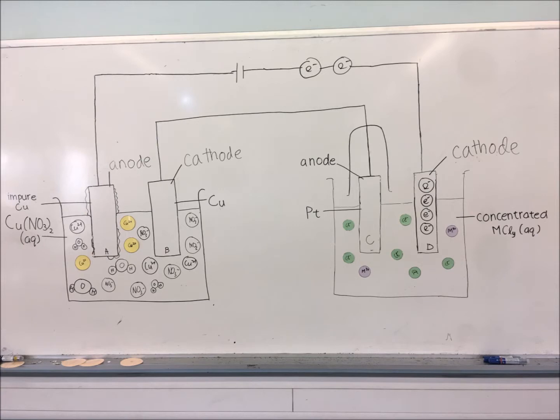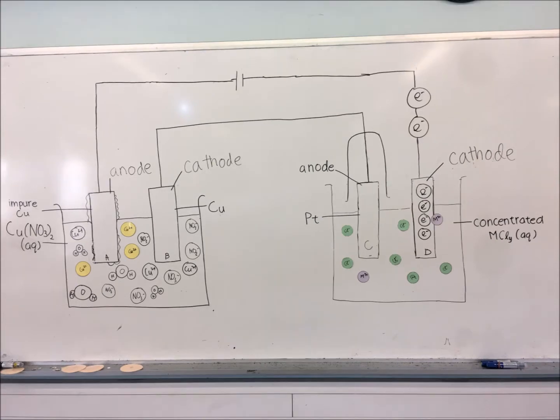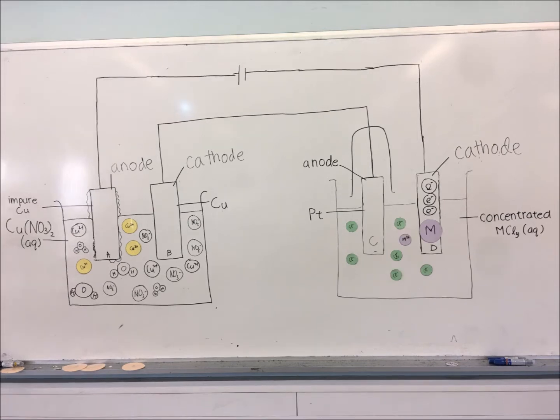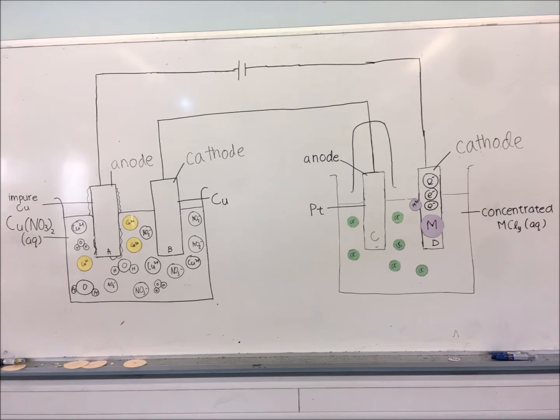The M3+ ions that are contained in the concentrated chloride solution of metal M would be attracted by the negatively charged electrons at electrode D. Upon contact with electrode D, M3+ ions would undergo reduction to produce metal M. For every M3+ ion that is reacted, 3 moles of negatively charged electrons would be reacted together.